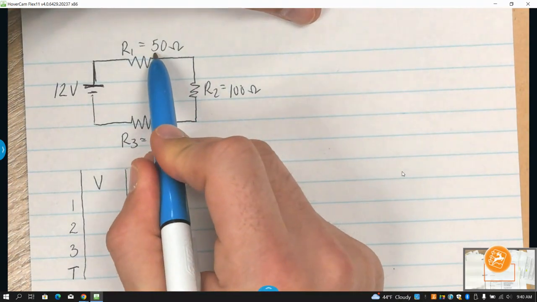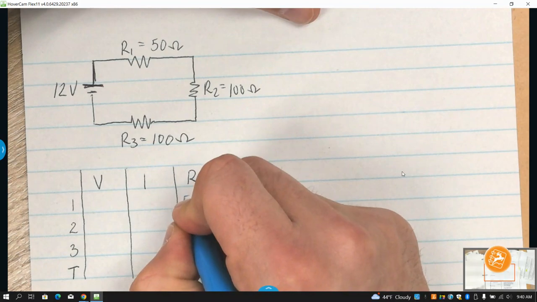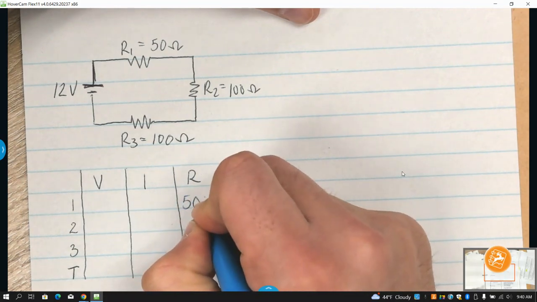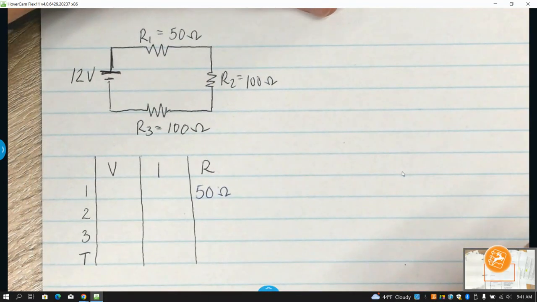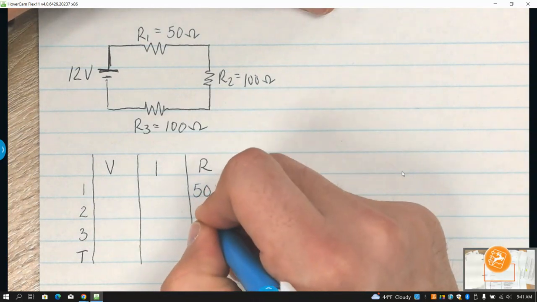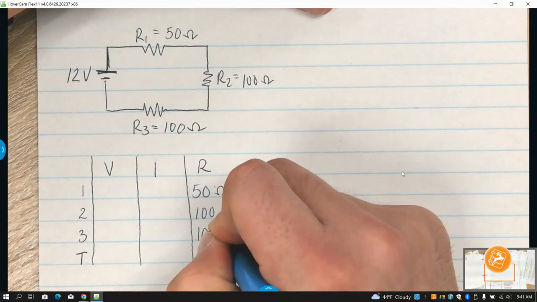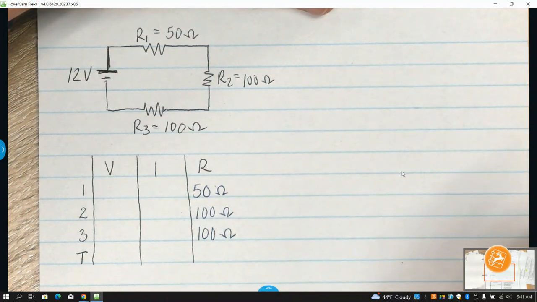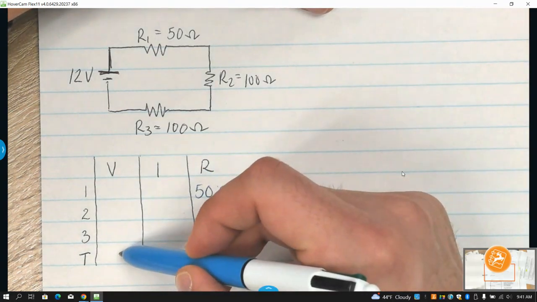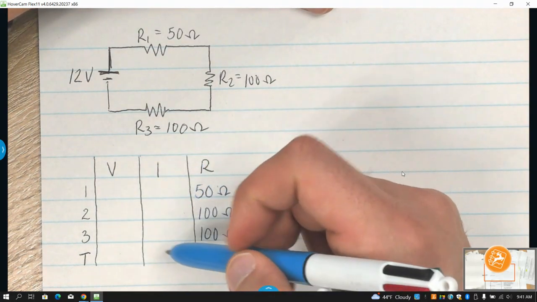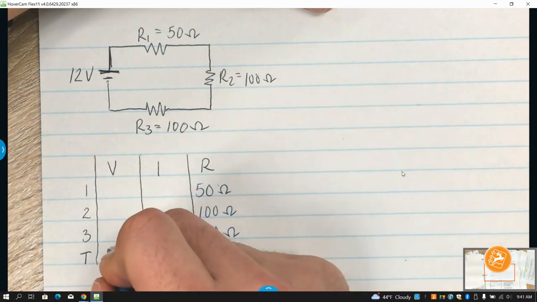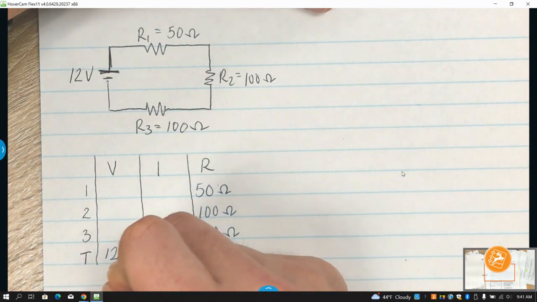Right now, all I know is that R1 was 50 ohms, R2 was 100, R3 was 100, and what else do I know? 12. Where do you think that will go? Voltage in 1, 2, 3, or T? T. Very good.